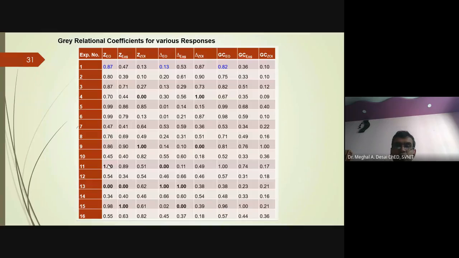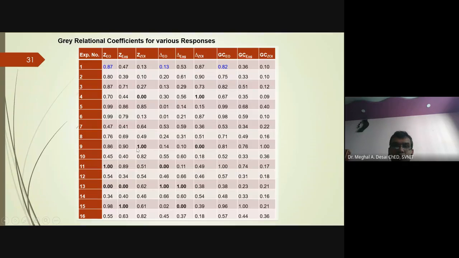And that you can check at each stage, also when you are finally evaluating the GC value. GC value, I'm not talking about GRG, it should be reflected. You can see that where the normalized value is 1, GC is 1. So continuously you will be able to see that that path is getting followed.